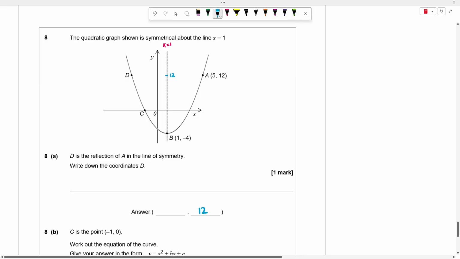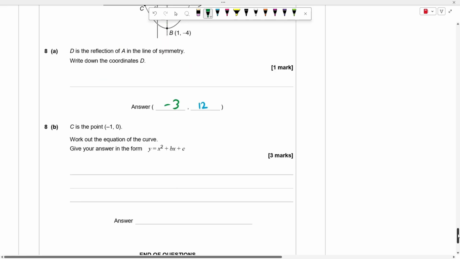Then working out the difference between 1 and 5, that's 4. So I need to count from 1, take away 4. So 1 take away 4 is -3. That means that D is going to have coordinates of -3, 12.